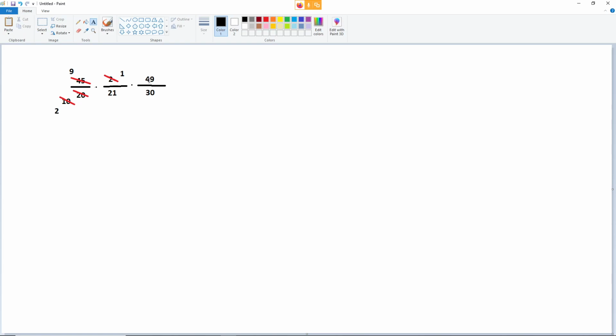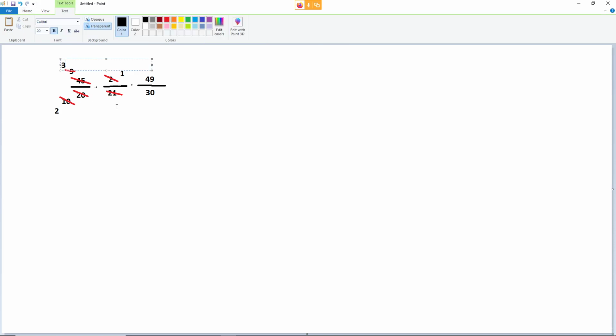So we're pretty much done from there. However, look at the 9 and the 21. They can both be divided by 3, right? So let's do that. Divided by 3, divided by 3. So now I should get 3 and 7.